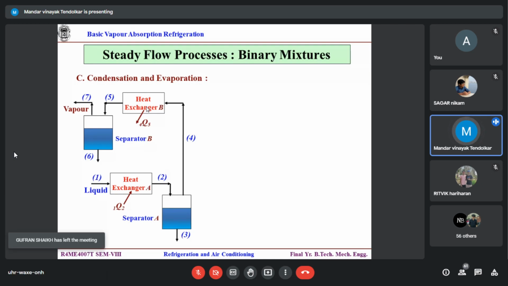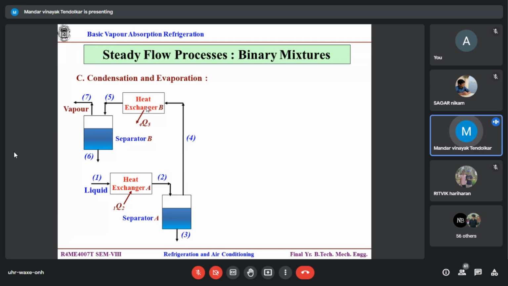At one time you are adding the heat, bringing it into two phase, reducing the heat, taking out the liquid. So minimum two heat exchangers are required. I call this one stage, then second stage, third stage, fourth stage.